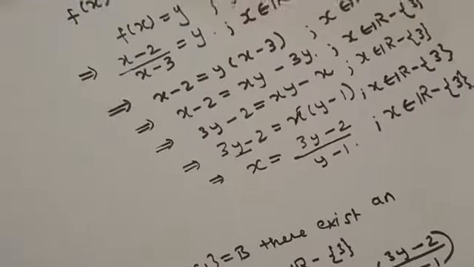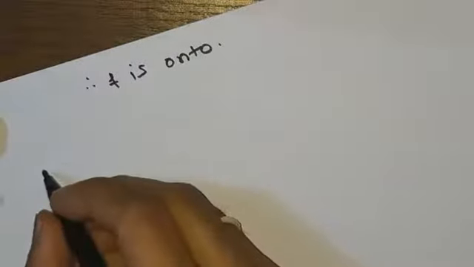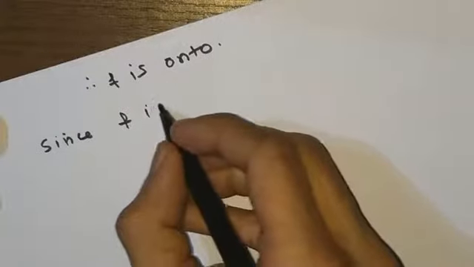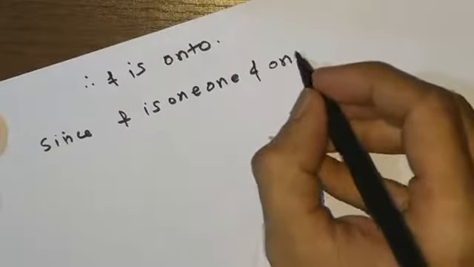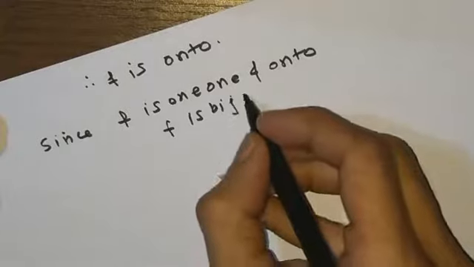So this says that f is onto function. Okay, so therefore f is onto. So since f is 1-1 and onto, f is bijective.